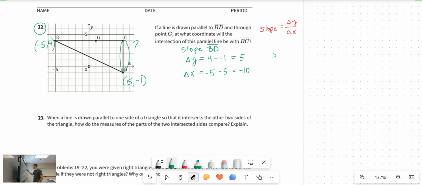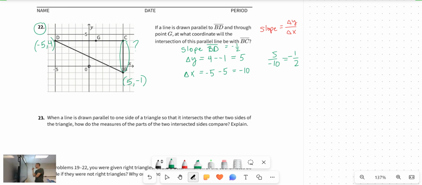So our slope is 5 divided by negative 10, which is the same as negative 1/2, right? Because 5 over 10 is 1 over 2. It's just half, and then there's a negative sign. So the slope of BD equals negative 1/2.